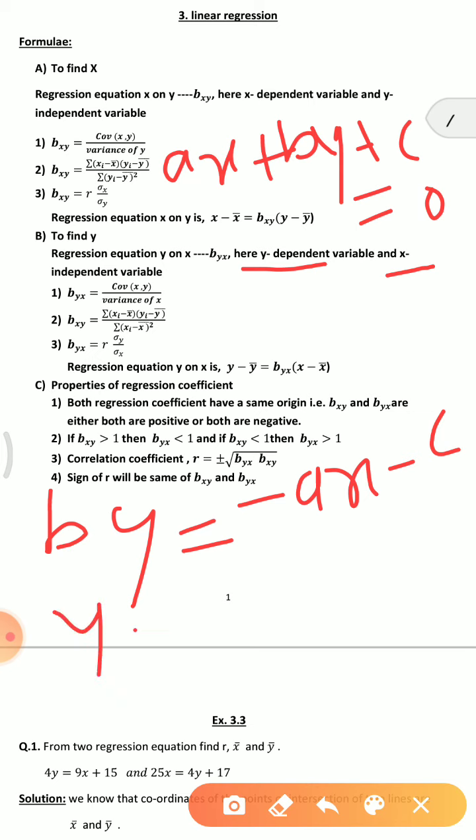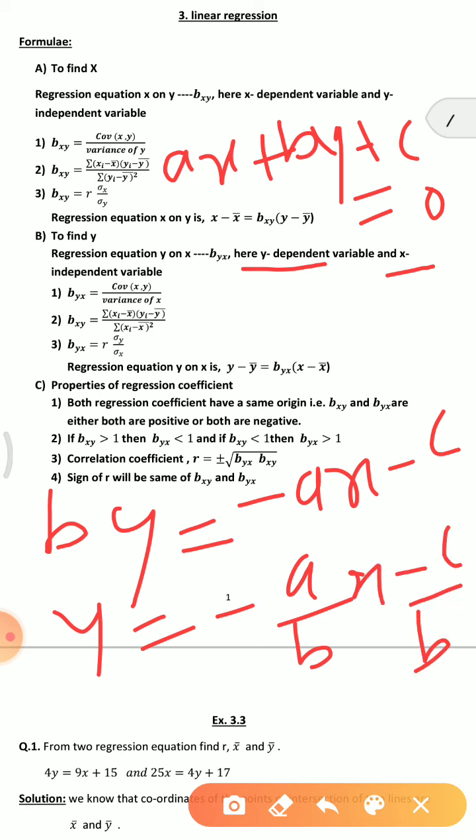Then dividing both sides by b, y is equal to minus a by b x minus c by b. That means the regression coefficient of y on x is equal to minus a by b. This is how you find the regression equation y on x.